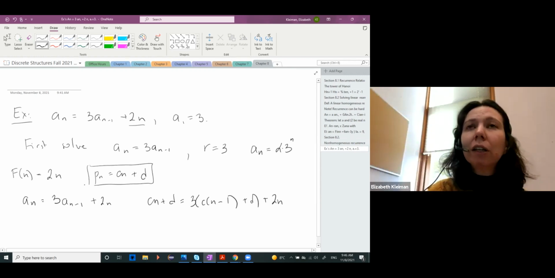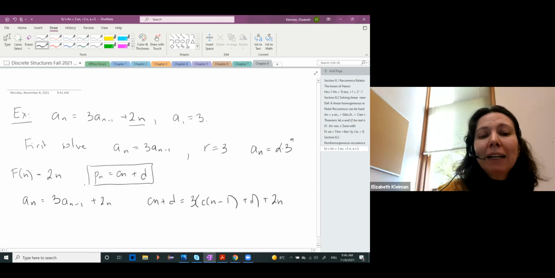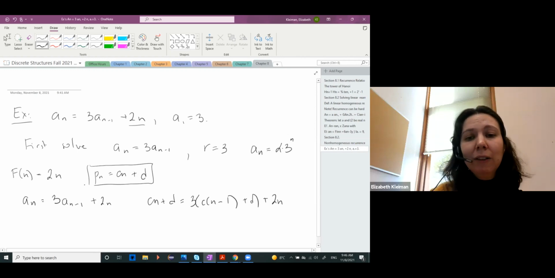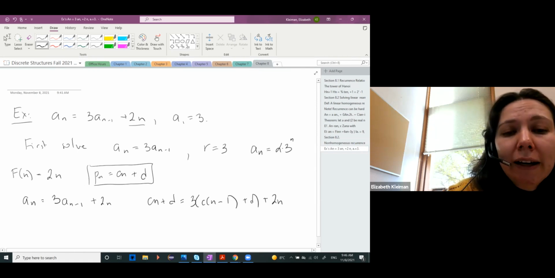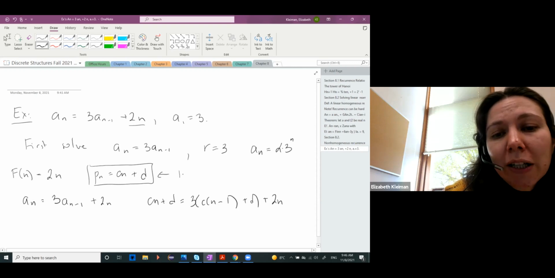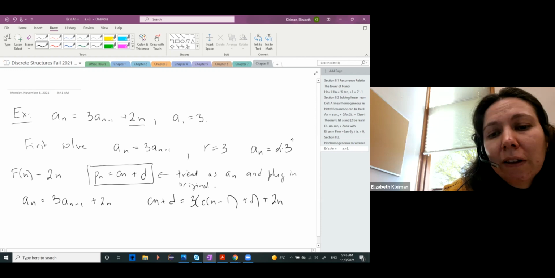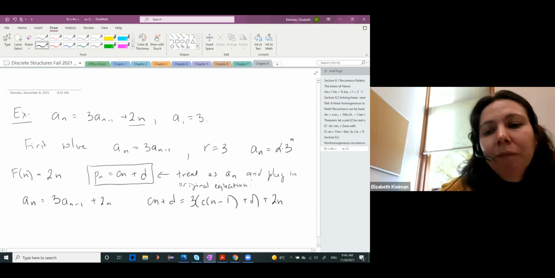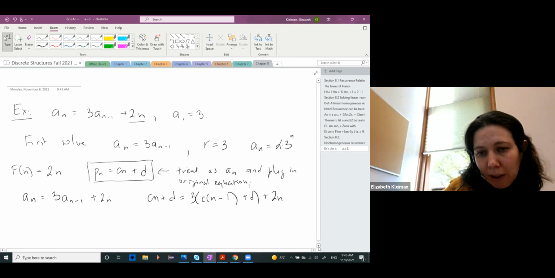So what you're trying to do is plug it into both sides. We replace a_n with Cn plus D, and we replace a_(n-1) with C(n-1) plus D. So literally, if I treat this as a_n and plug it into the original equation, what will I get? This is what we want, and now we want to solve it. So can we solve it?